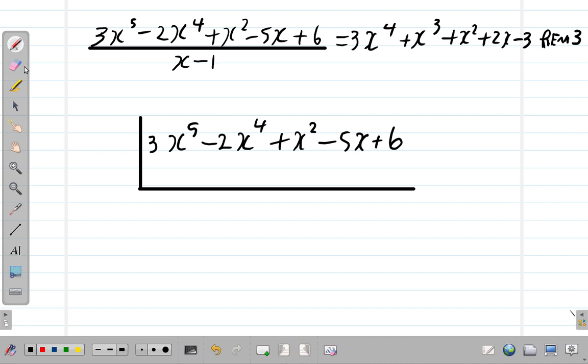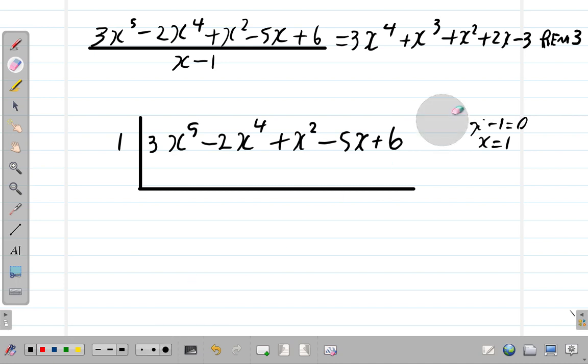Alright, now you have x minus 1. If you make x minus 1 equal to 0, then x would be 1. So you put 1 out here.